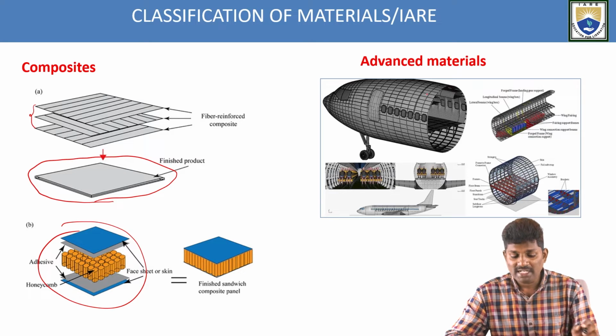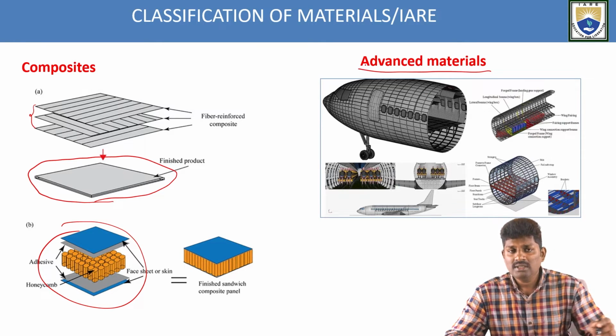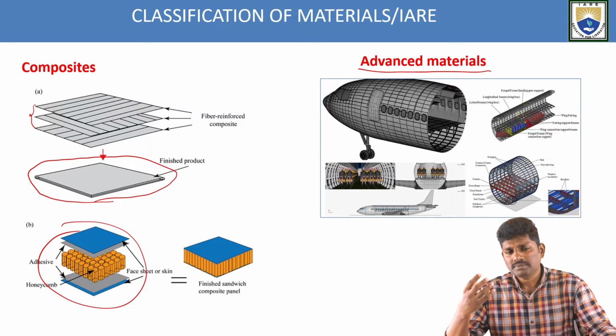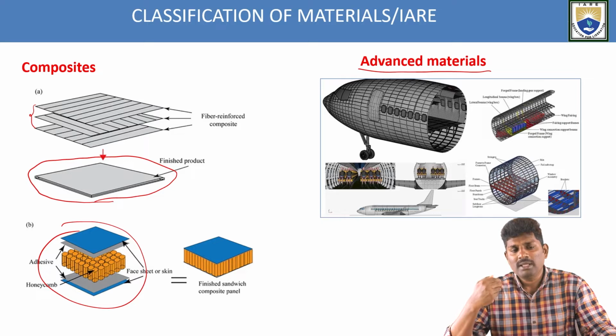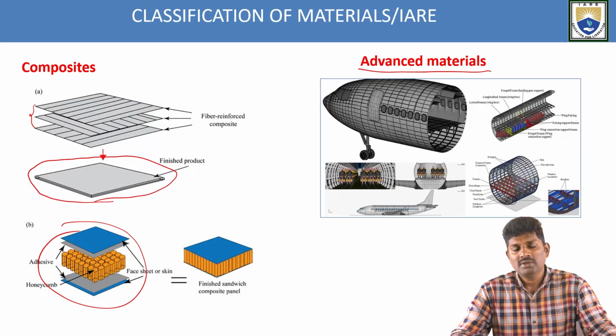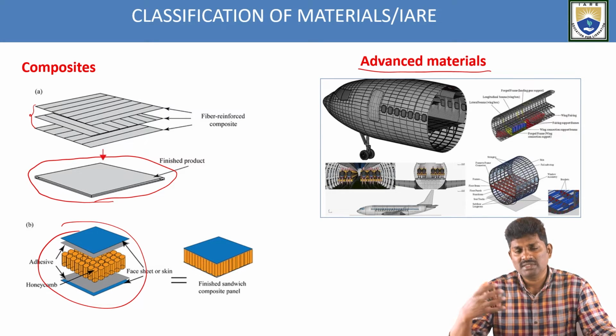And here you have advanced material. In jet planes and the aerospace industry, there is a need for advancement in materials. Why? Because airplanes have to fly at high altitude, and at that altitude, high wind velocity hits the body of the aeroplane. The material has to withstand this high velocity, otherwise there is a failure.